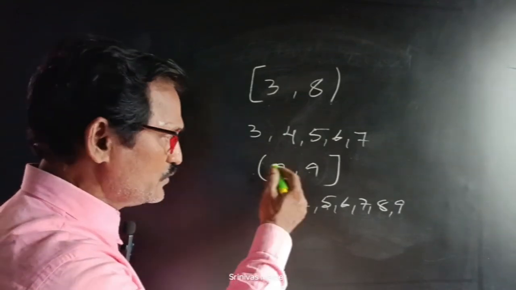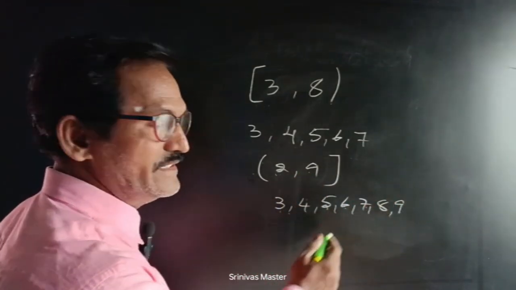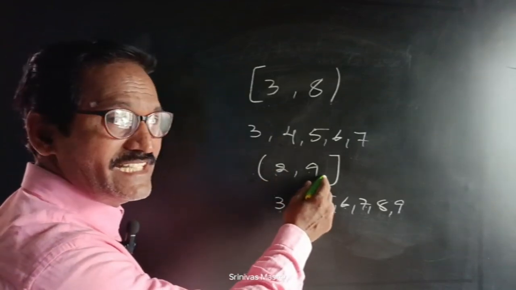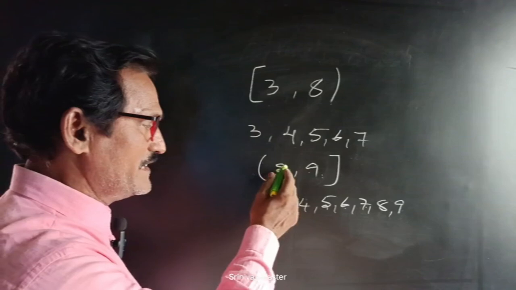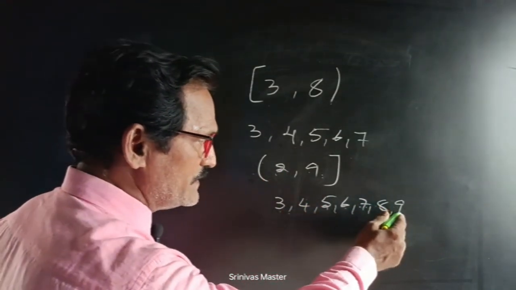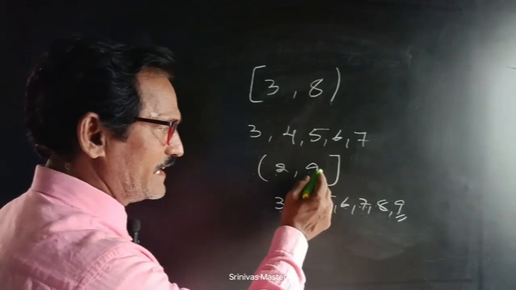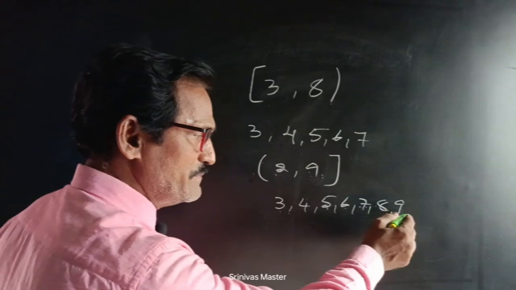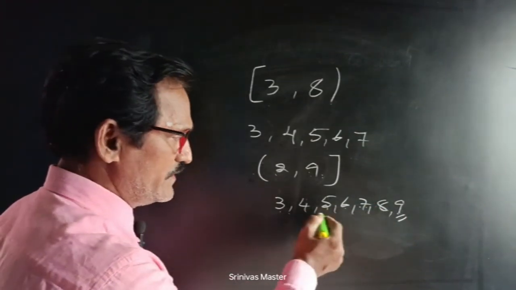So after 2 you write 3, 4, 5, 6, 7, 8, 9. That means greater than 2, and less than or equal to 9, that means including 9.